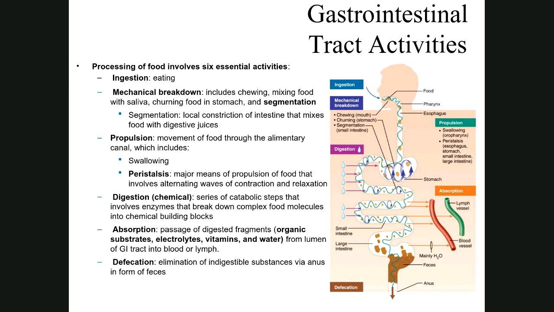Which is seen here in a different color, the green. That's the propulsion. It happens all along the gastrointestinal tract, from the mouth to the anus. The ingestion, of course, happens only at this level, okay?